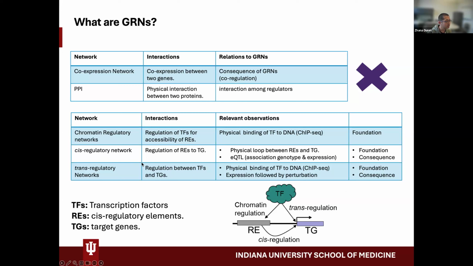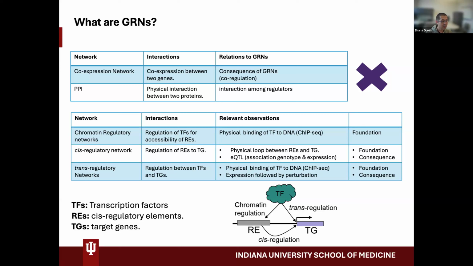And then the regulatory network from enhancer to gene, RE to gene. These are cis, and we have some relevant observations. One is looping. 3D genome data like Hi-C can tell us which have loops. This is the foundation. No looping means no regulation, but looping doesn't mean real regulation. The second one is eQTL, the genetic association between genotype and expression.